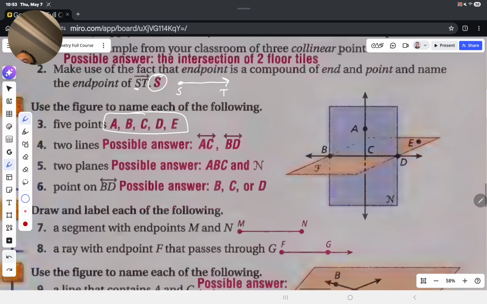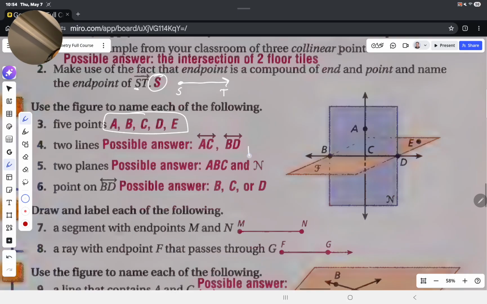Number 5 says 2 planes from the same figure. So plane ABC. There's our script letter. So plane ABC, plane N. Those are certainly options there.